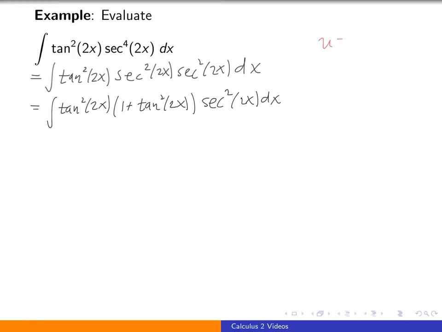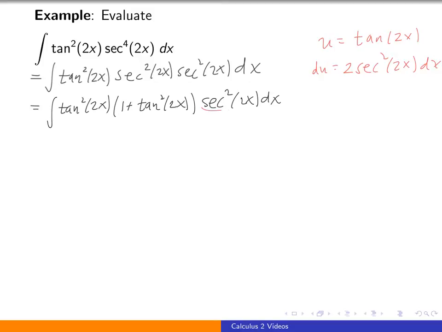So we're going to let u be equal to tangent of 2x. Then using the chain rule, du is going to be equal to what? Secant squared 2x times 2. So 2 secant squared 2x dx.